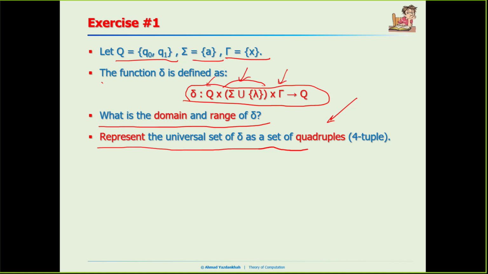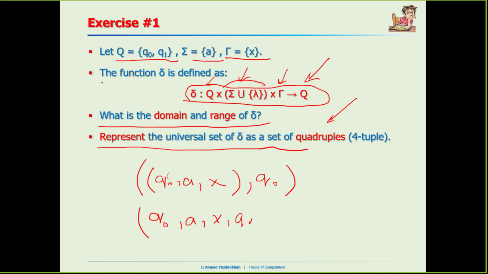On the domain, you have a 3-tuple, and range is the fourth one. So in this case, you can have a 3-tuple here and, for example, Q0 here. So, for example, Q0, let's say A, and then X, something like that, and you can define it with a quadruple like this, right? In both cases, it is correct. But here, I asked you to create this one.